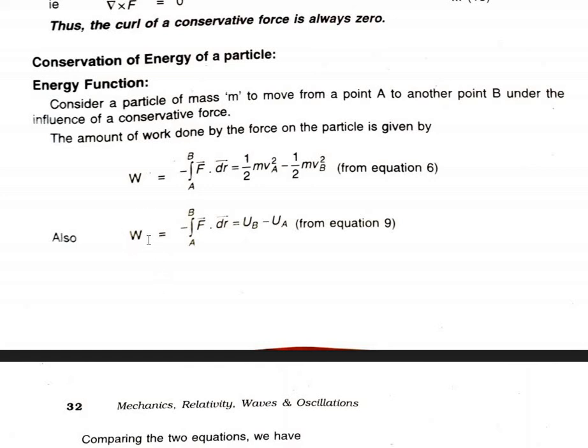And from the expression of potential energy, we know that W is equal to minus integral A to B F dot dr. Here F is also the conservative force, it is not the applied force, it is the conservative force. So W is equal to minus integral A to B F dot dr, which can be written as UB minus UA.